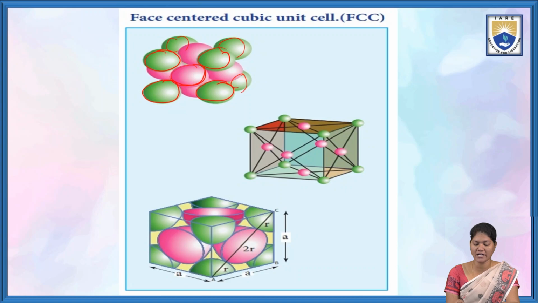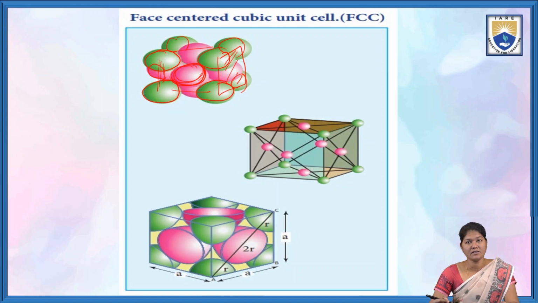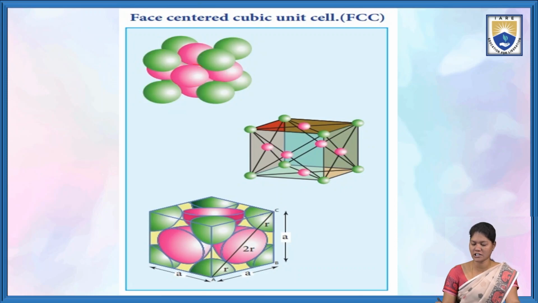This is the atom at the center of the front face of the cubic crystal. Similarly, this is the right side, this is the left side face, this is the top, and here the bottom, as well as the front face, and likewise the back, with an atom at the center. So you can clearly see that.